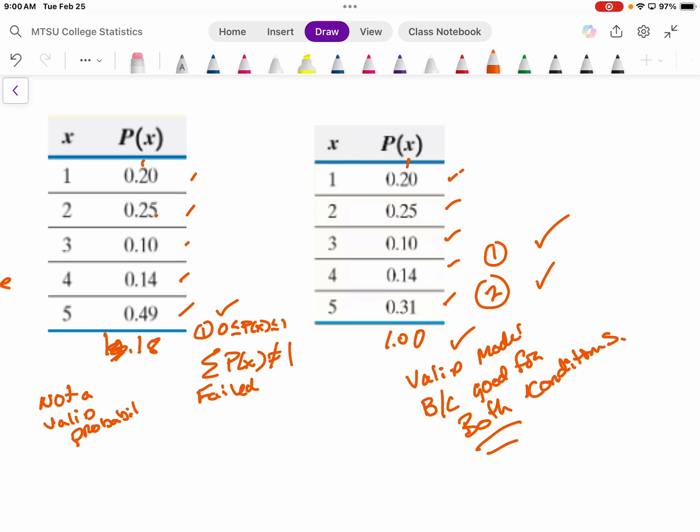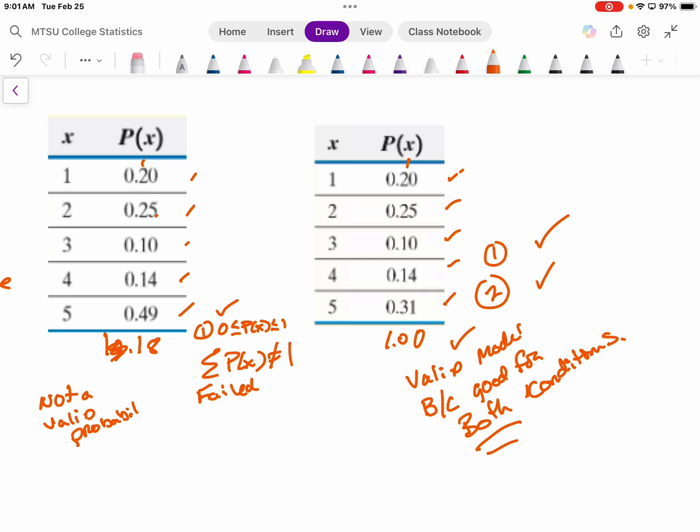Now, this is where I've got to put a little disclaimer. This is why, when we talk about decimal place values, how far do we go out? Sometimes when we only go out 1 or 2 decimal places, we'll be off on that second condition. When we add up the values, we may be just a little shy, like 0.99 or maybe 0.98, because we rounded differently. Because of the way we chose to round early, sometimes we're off a smidge.